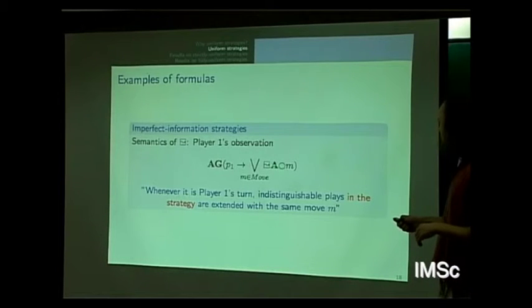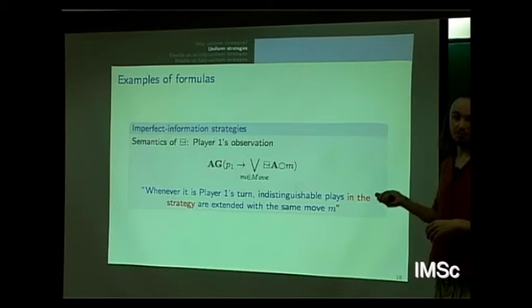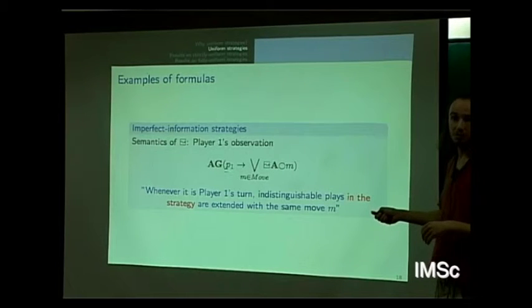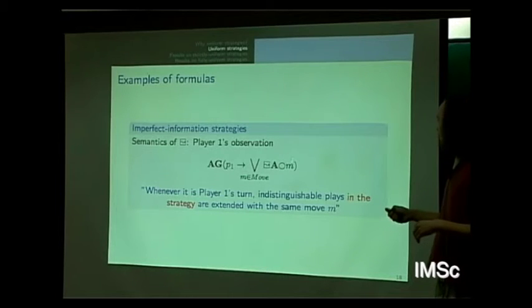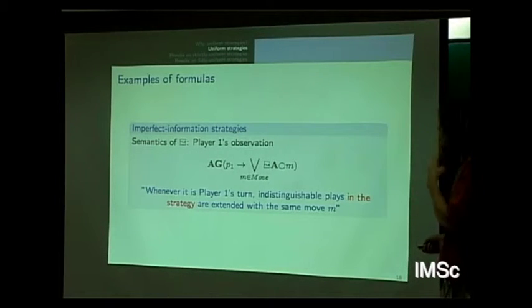So here I have to put for all, but I could have put exists. It's indifferent because there is only one child in positions where it's player 1's turn to play. So here for all or exists would be the same. But you have to put something because otherwise it's no longer a formula of our language. But anyway, it's not important.